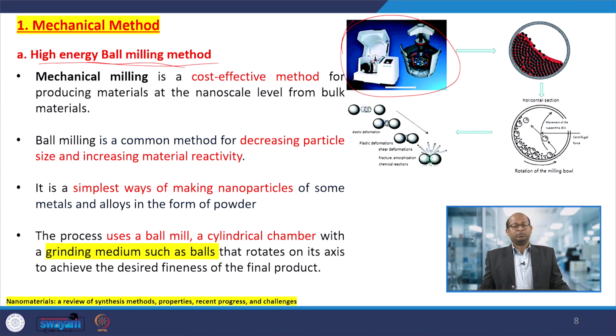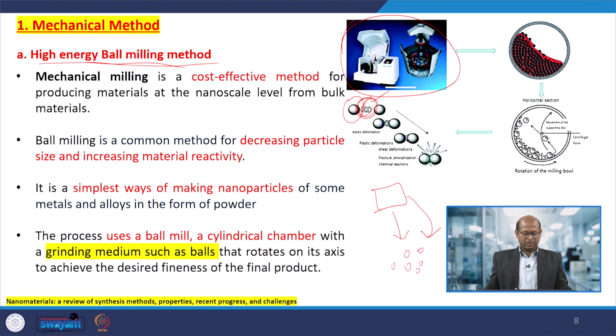It is also called a planetary ball mill. This method is cost effective for producing nanomaterials. Here we start with bulk or large scale materials, the bigger particles, and make them into smaller particles using high energy ball milling. It is a very simple method of making nanoparticles.